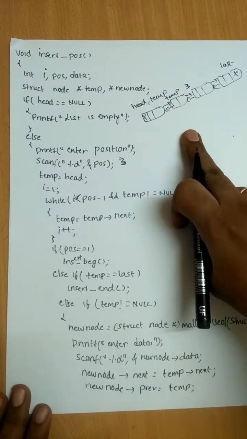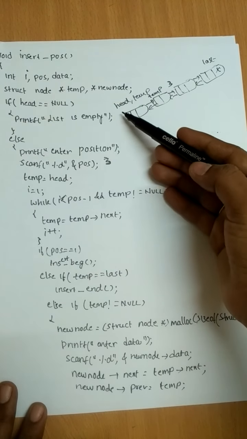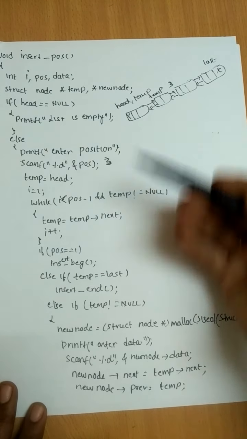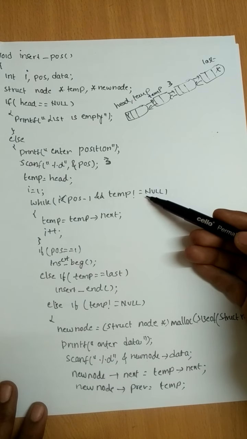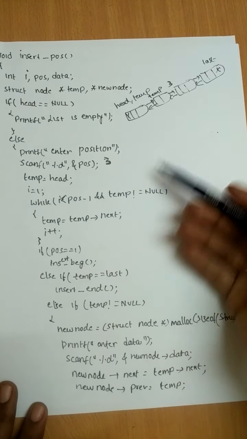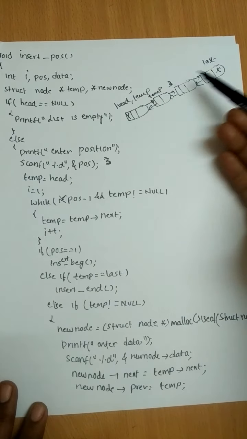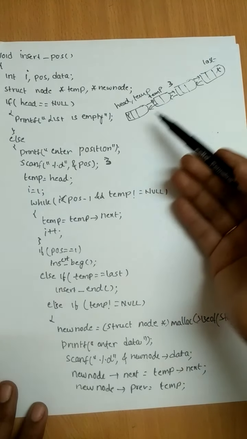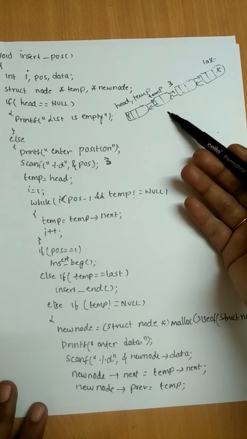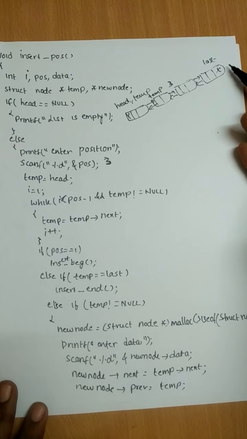While moving, suppose our position is 1, that means we have to insert at the beginning. If temp equal to last, that means while we are moving this temp, if it reaches the last node, both temp and last are at the same node, so we have to insert at the end.